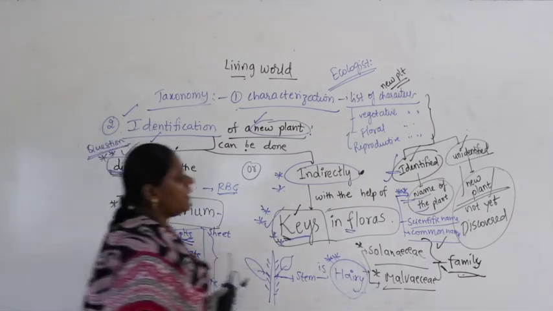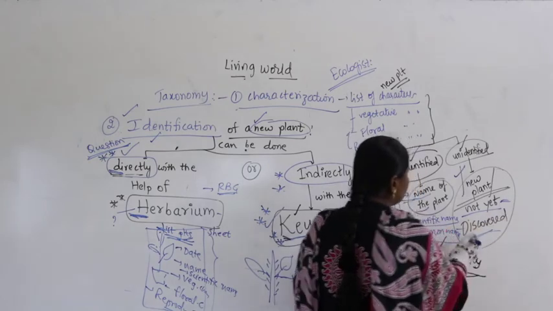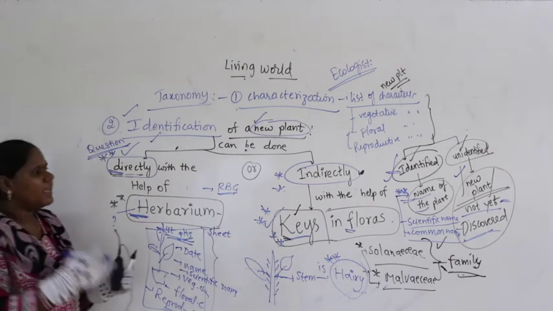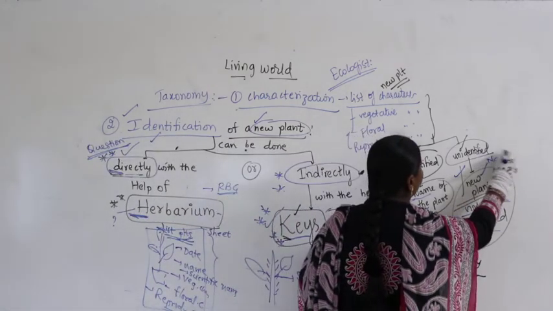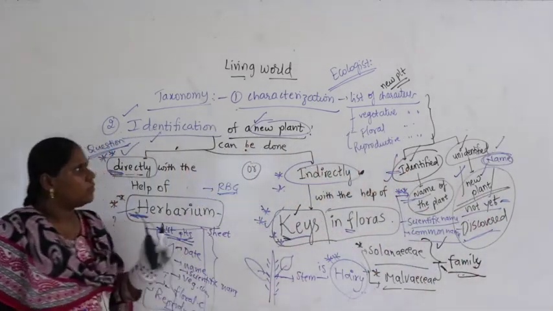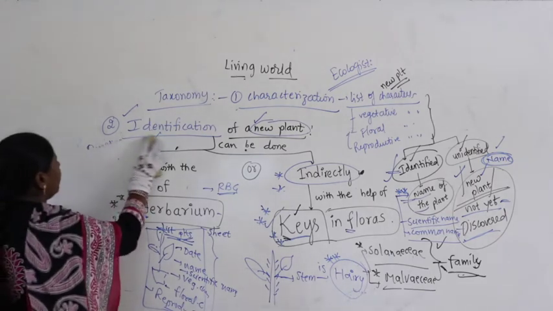Suppose it is entirely a new plant, not yet discovered, not yet identified, then what is the next step? He has to give a name to the new plant. Then go to the third component of taxonomy, that is called nomenclature.